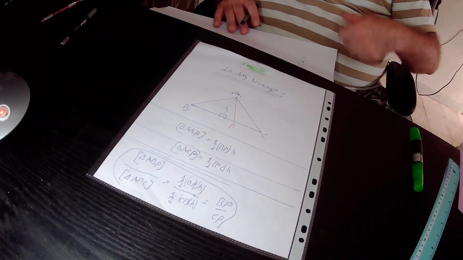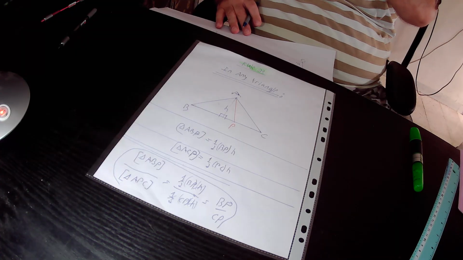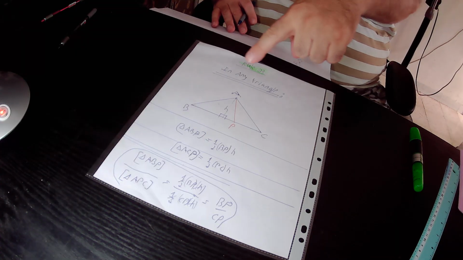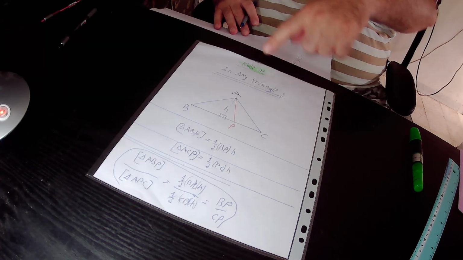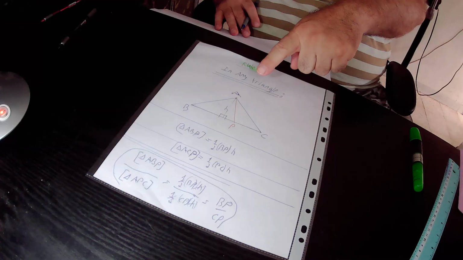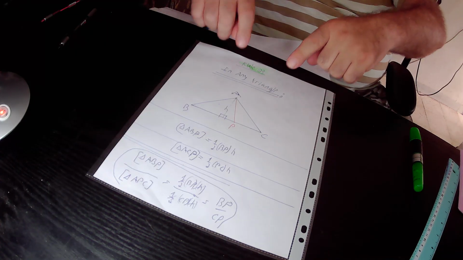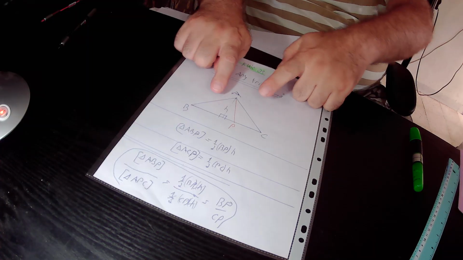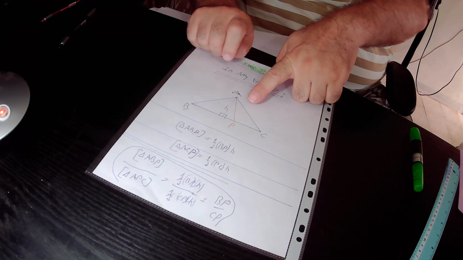Rule 23 is true in any triangle, so this is triangle ABC that could be any triangle. In this triangle ABC, if you draw the red line segment AP from the vertex A, it will divide triangle ABC into two smaller triangles. The first small triangle is triangle ABP, and the second small triangle is triangle APC.